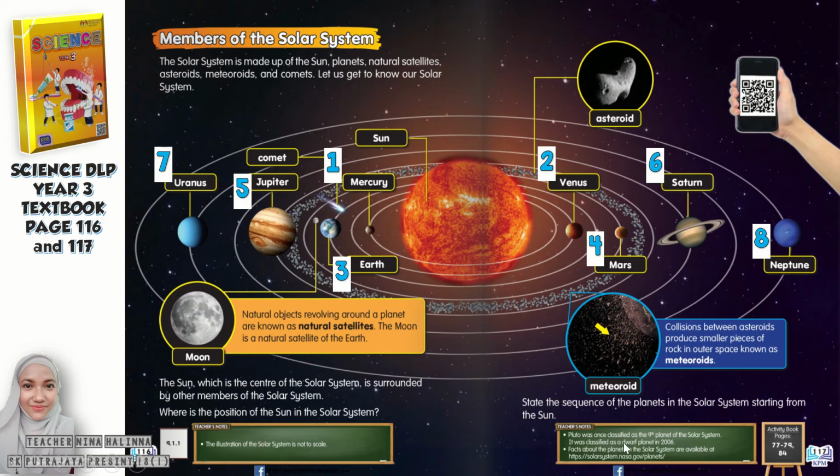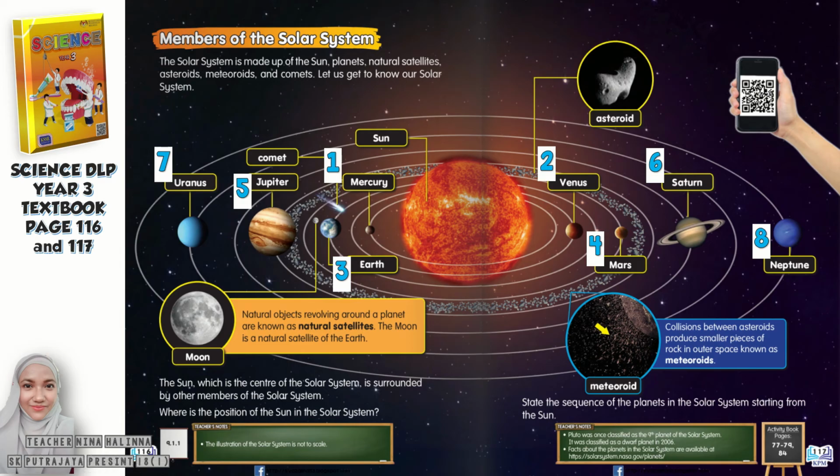Okay, other notes here. Pluto, down here, can you see Pluto? Have you heard of Pluto? Pluto was once classified as the 9th planet of the solar system. It was classified as a dwarf planet in 2006.